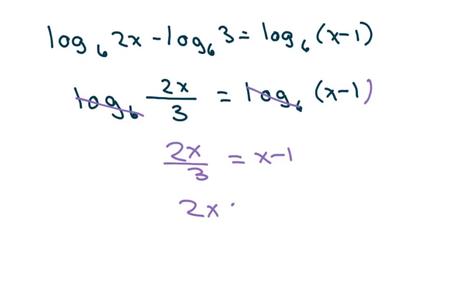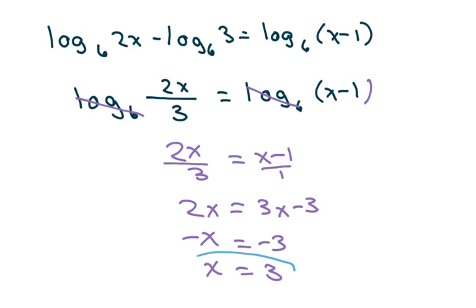So you get 2x equals 3 over 1 times x minus 1, which is 3x minus 3. Subtract 3x, you get negative x equals negative 3, therefore x equals 3. I have to check here that it's valid. I plug 3 in here, that's positive, and I plug 3 into this one, and that's positive, so it works. You can also check to make sure the left side equals the right side.